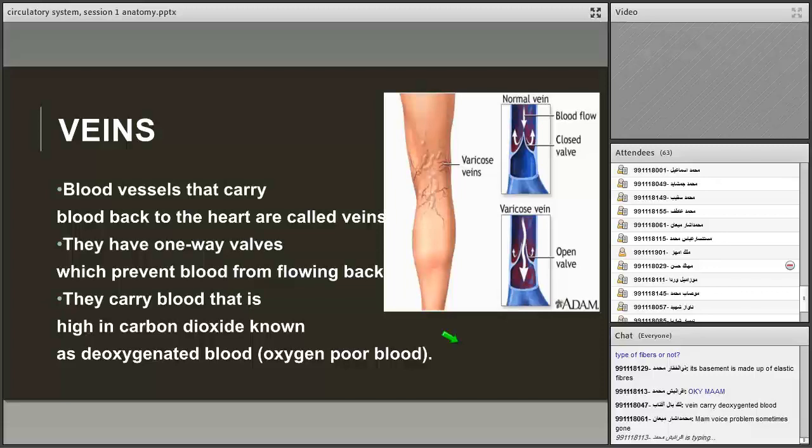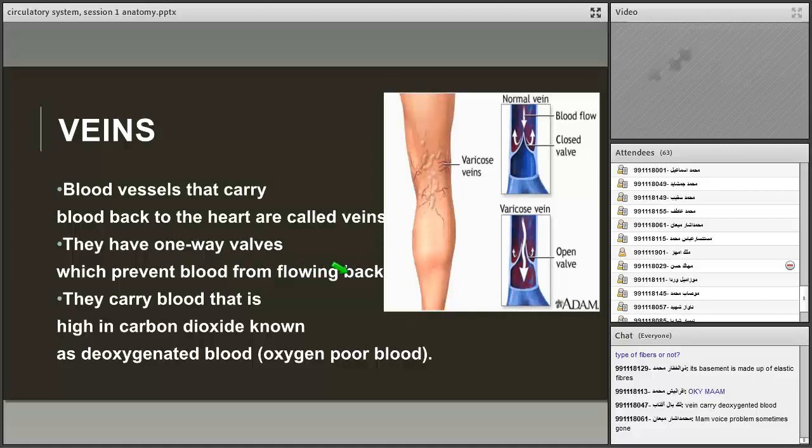So this was about the capillaries. And after that, we have veins. Veins are the blood vessels that carry blood back to the heart. From different parts of the body, they are carrying the blood back to the heart.